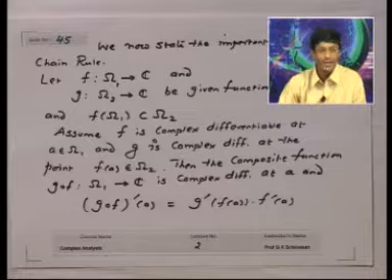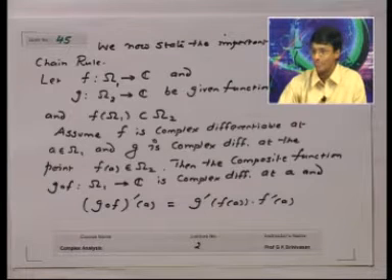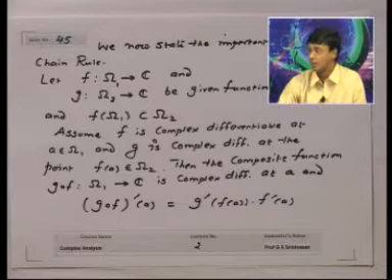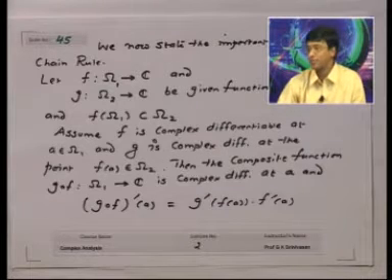In many calculus texts, you will see delta y by delta x is delta y by delta u into delta u by delta x. Let delta x go to 0, dy by dx equals dy by du into du by dx. This argument is very formal and quite imprecise. It is okay as a first attempt perhaps.